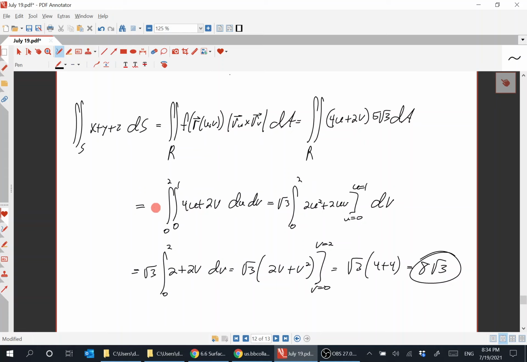So 5 square root of 3 times 8, so 40 square root of 3 in the end. Okay, so that's 292. Next, 296.